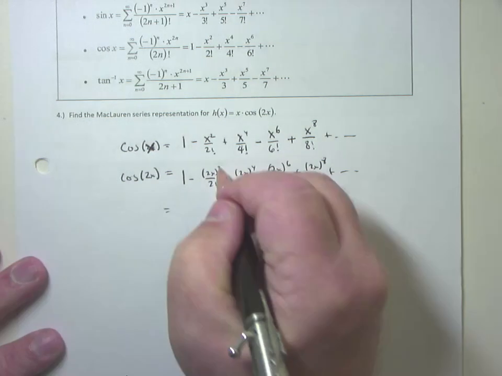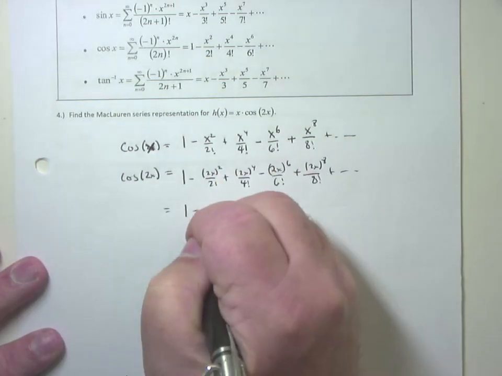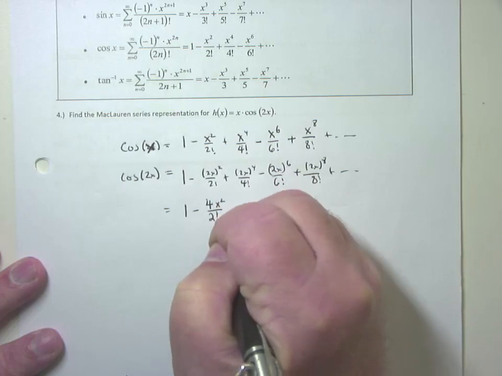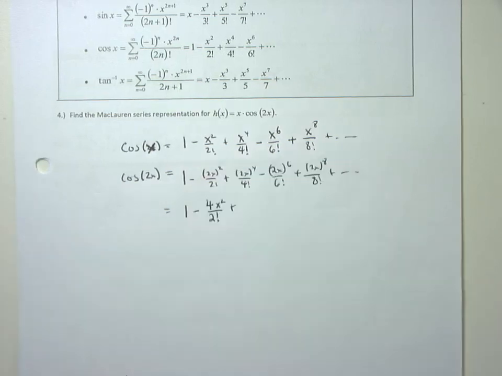Cleaning it up, I'm going to distribute my powers. This will be 1 minus 2 squared is 4, x squared over 2 factorial, plus 2 to the 4th is 16.